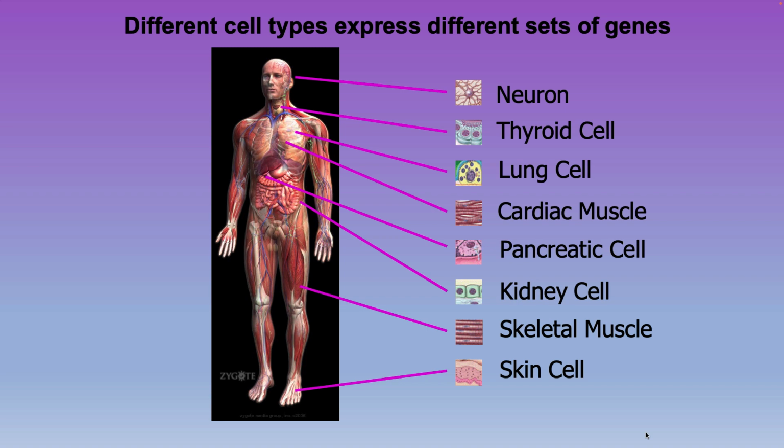But when we look at different types of cells, whether they be neurons or cardiac muscle or kidney cells, they're going to be expressing different genes from that genome. And the patterns of gene expression that they exhibit will ultimately contribute to the function of those cells. So in understanding the patterns of gene expression, we would hope to get some understanding of their underlying phenotype associated with these patterns of gene expression.